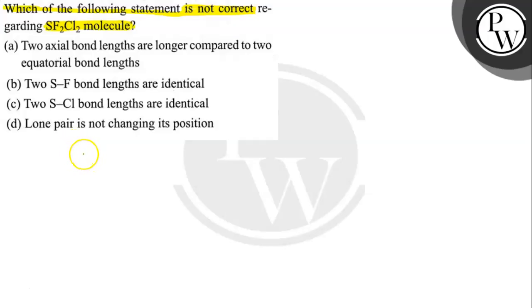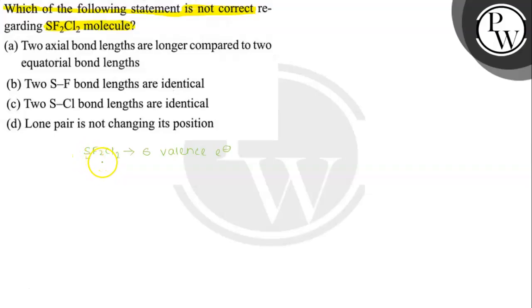Before going to the options, first we will draw the structure of SF2Cl2. Here sulfur is the central atom and it has 6 valence electrons. First we'll decide the hybridization of SF2Cl2.